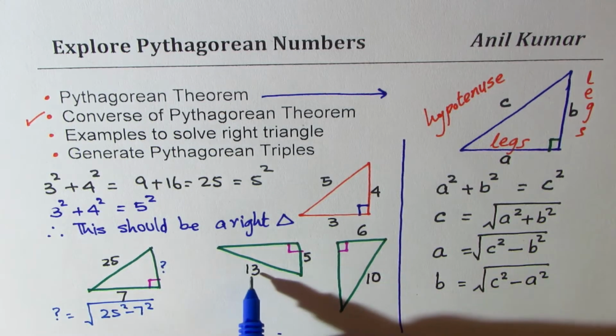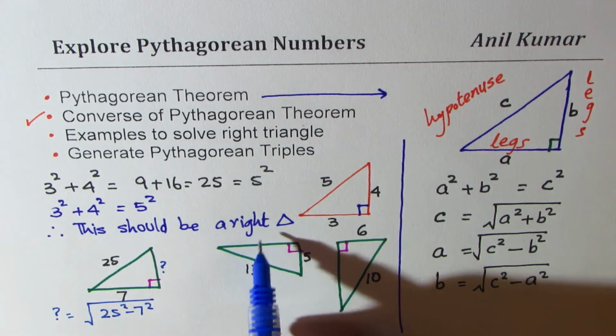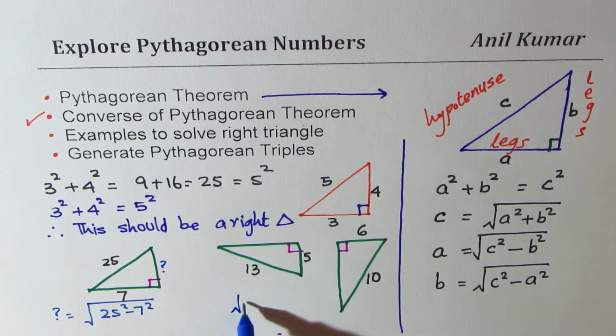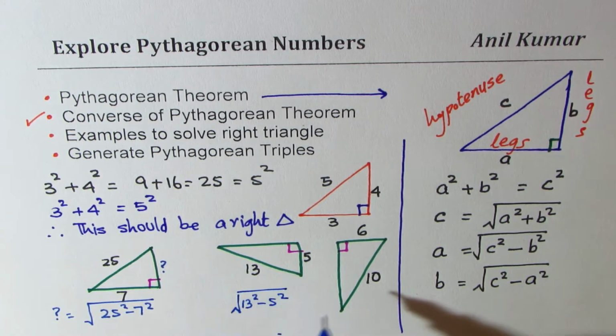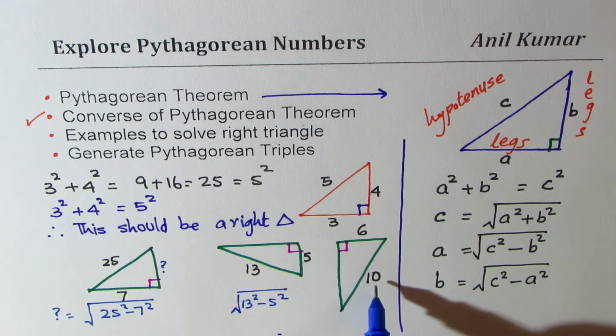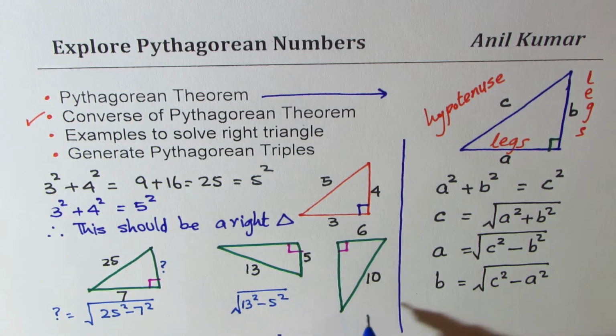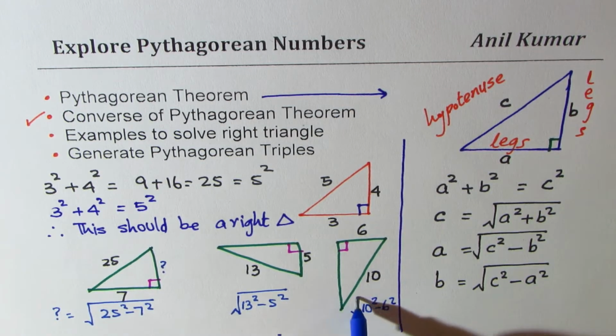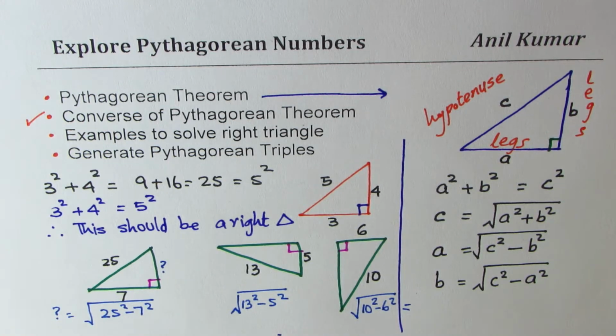Here also I have given you the hypotenuse. So in this case, the smaller side should be the square root of 13 square minus 5 square. Here also I have given you the bigger side. So in this case also the unknown side has to be the square root of 10 square minus 6 square. Now you can use the calculator to find the answers.